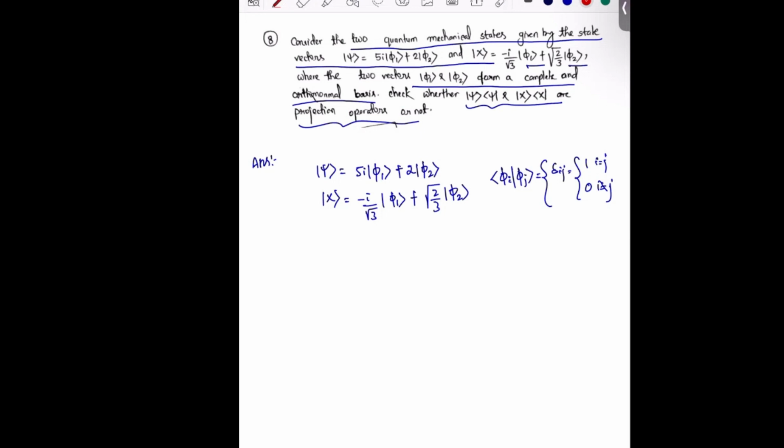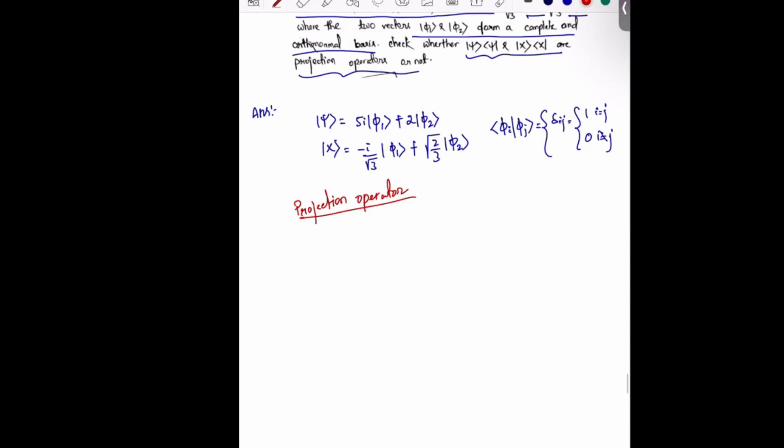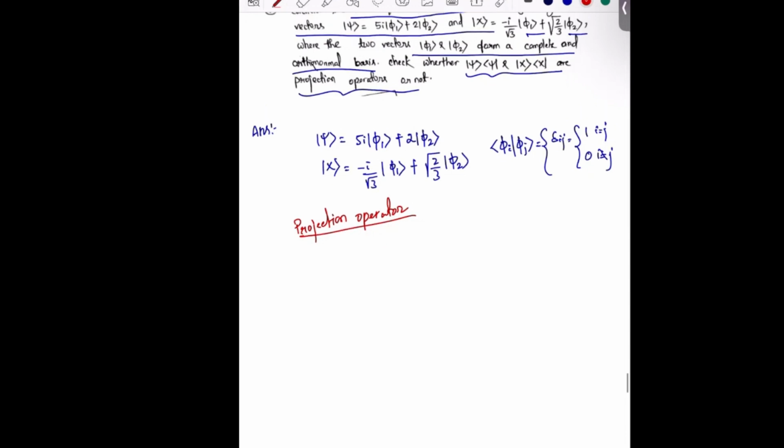So projection operator, I think everyone knows now. Projection operators are nothing but they project a state psi in one of the directions. The properties of a projection operator are, if P is a projection operator, then the square of this projection operator will be equal to its initial value, like P equal to P square.